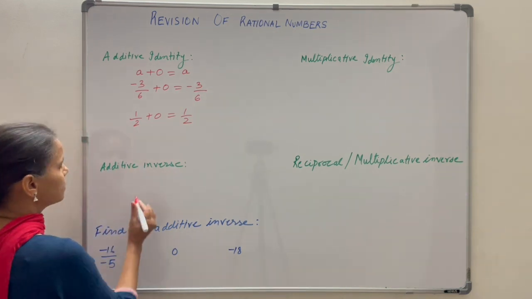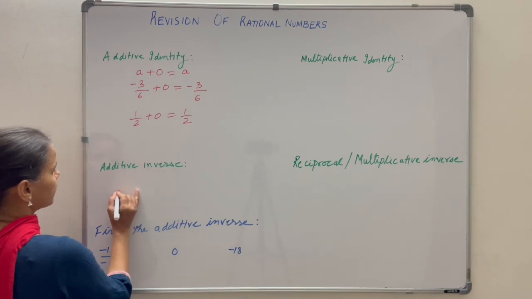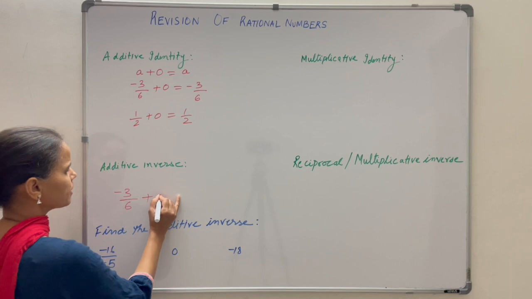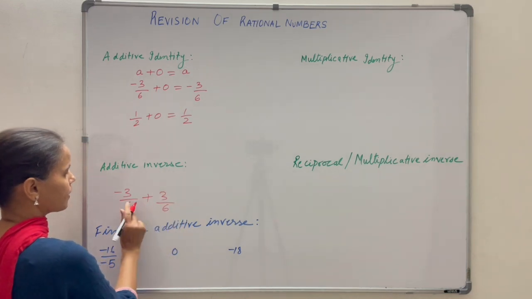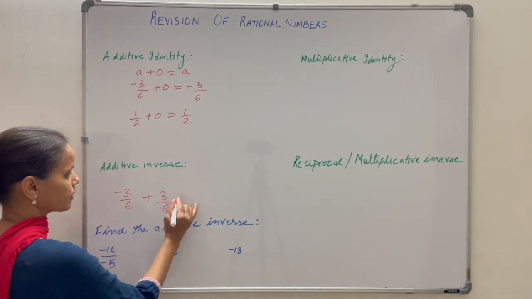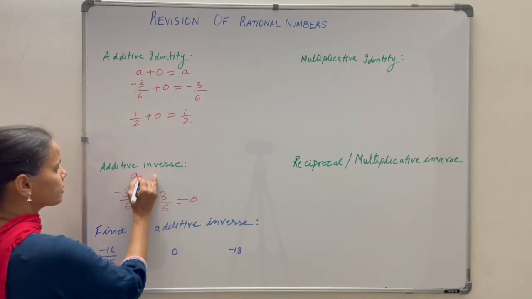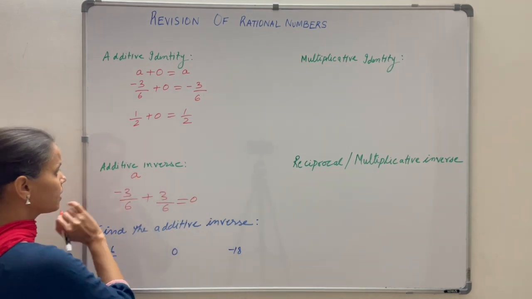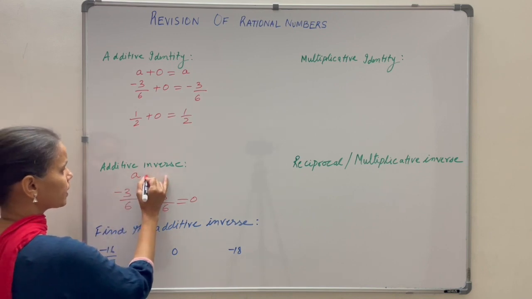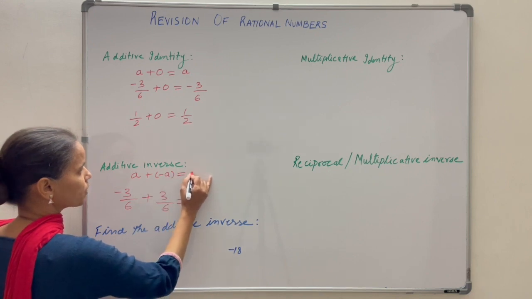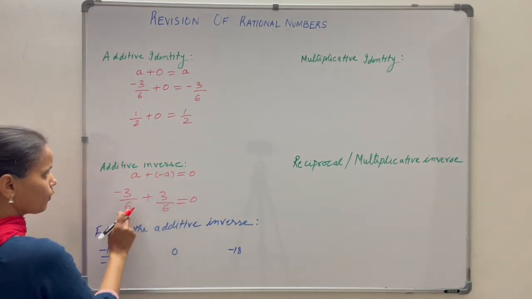For example, if you take minus 3 by 6, the additive inverse will be plus 3 by 6. And whenever you add the number to its additive inverse, it is 0. So if you take a rational number a, the additive inverse of a is minus a. If you add the number to its additive inverse, you will get 0.